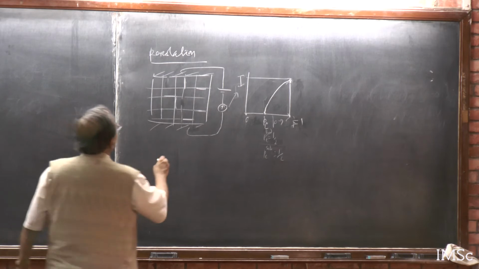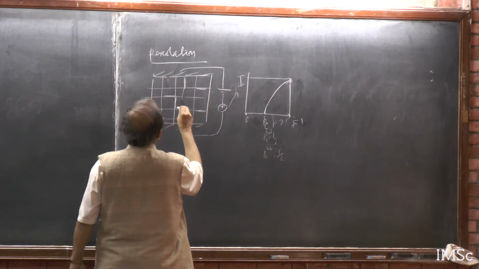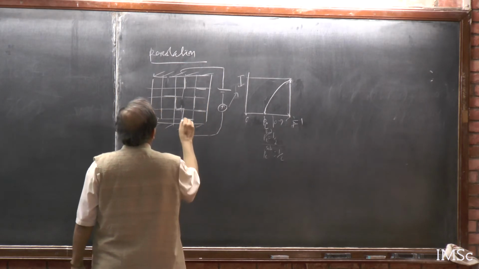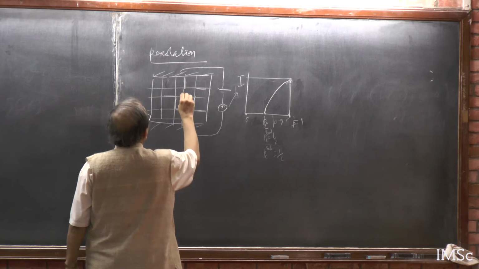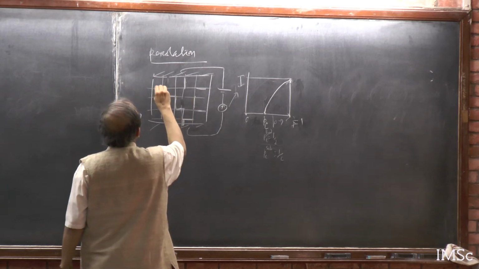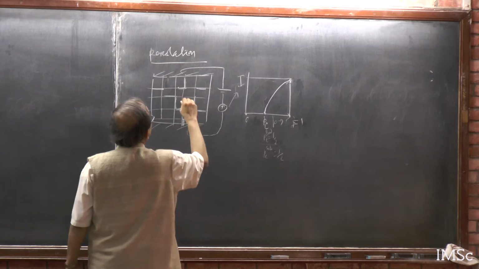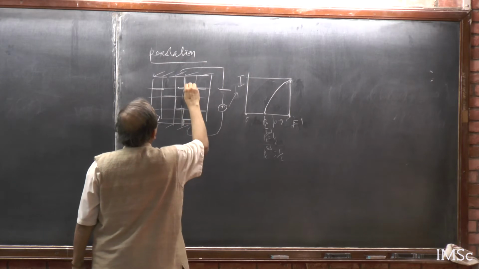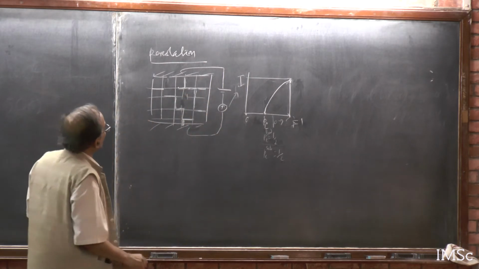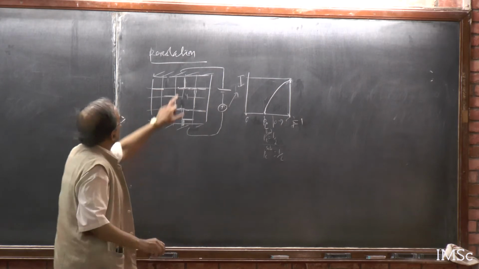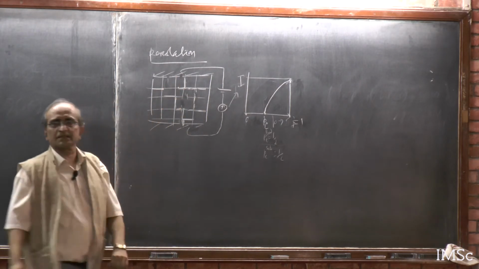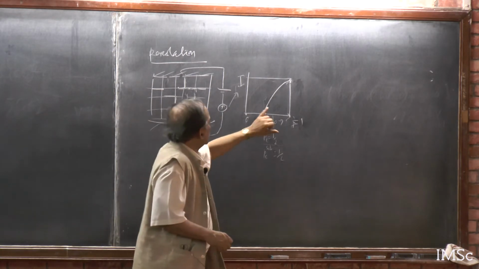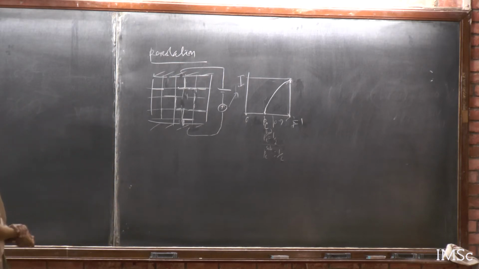After some time maybe this bond will be occupied, this bond will be occupied, this one will also be occupied, and then this will be there, and then maybe this. Oh, not yet. So maybe this will be there. Then from this end to this end it has actually percolated. That is the point when just that happens, marginal connectivity, that's the percolation point.